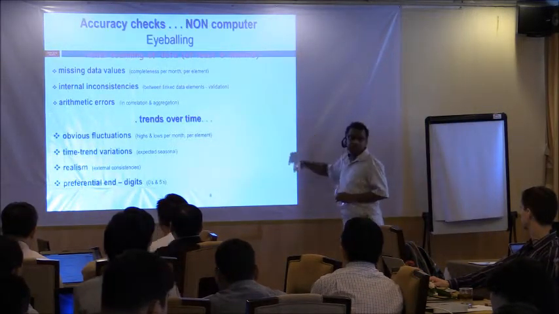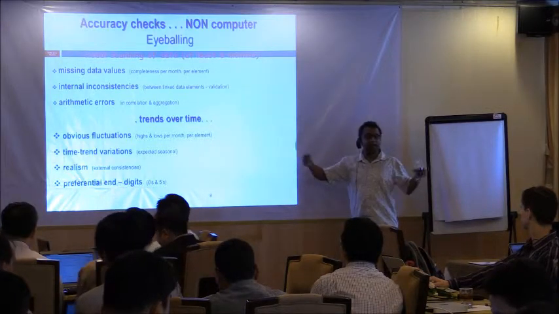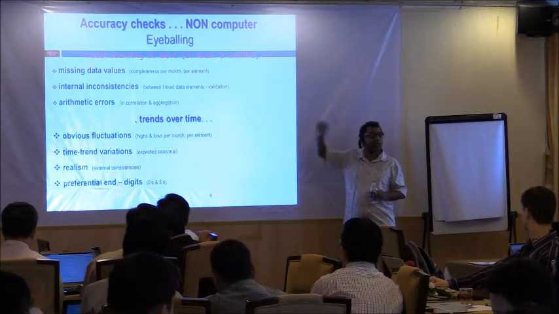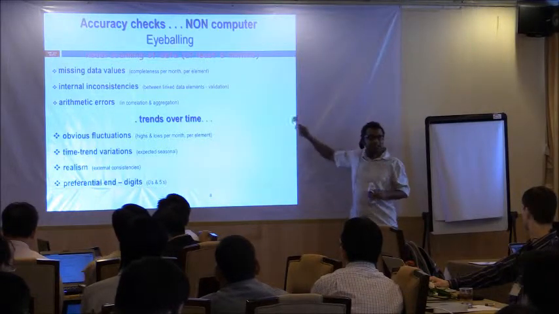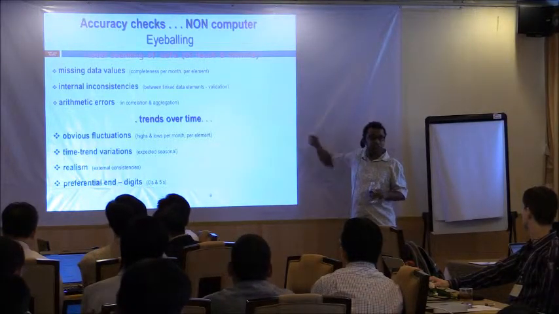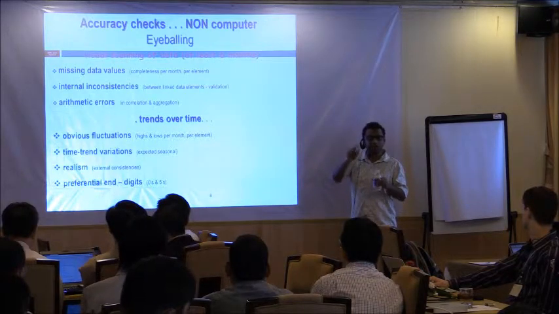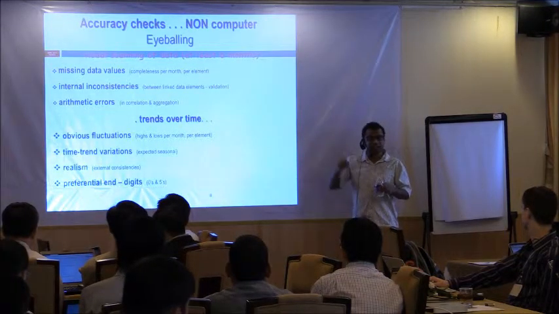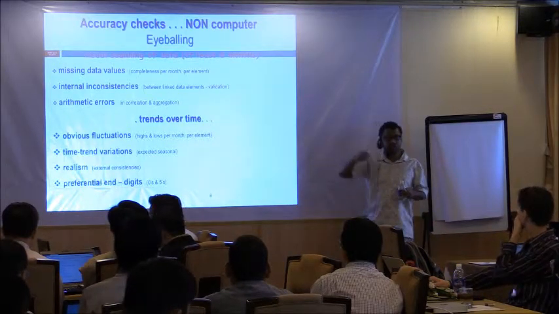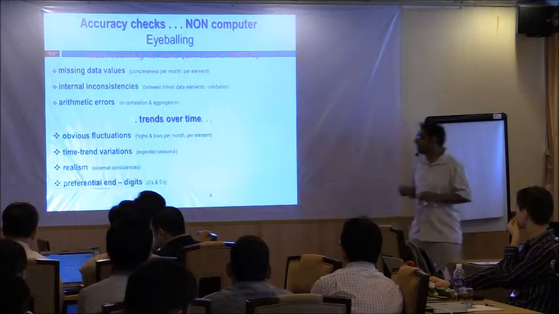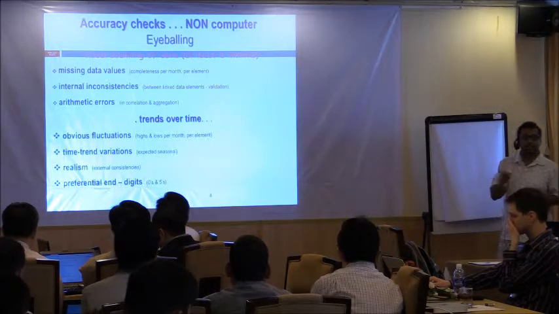When we are looking at the big data, a statistical person from Nepal sitting next to Myanmar can tell you, because statistical persons have a clear eye for looking at what the outliers are and where the things are. So we always look at obvious fluctuations and time trends, like whether it is realistic.